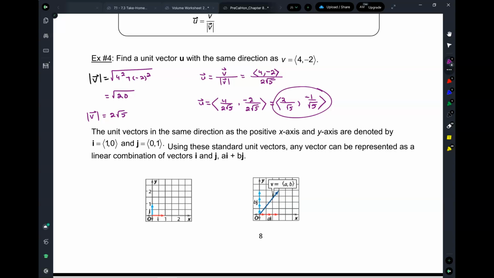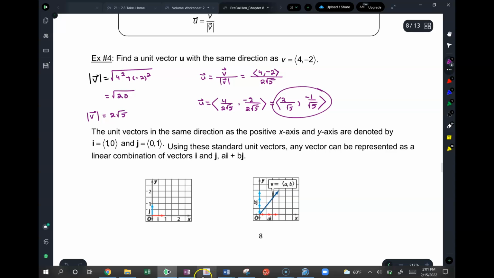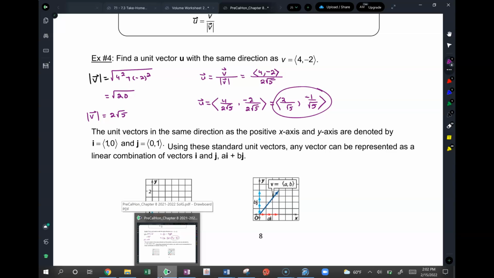Now, let's see what we've created. Remember, the first vector was 4 comma negative 2. And for the unit vector, we got 2 over root 5, negative 1 over root 5.